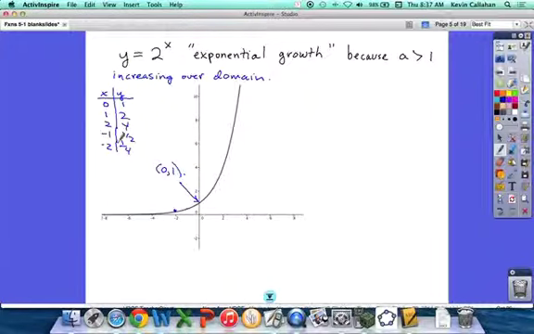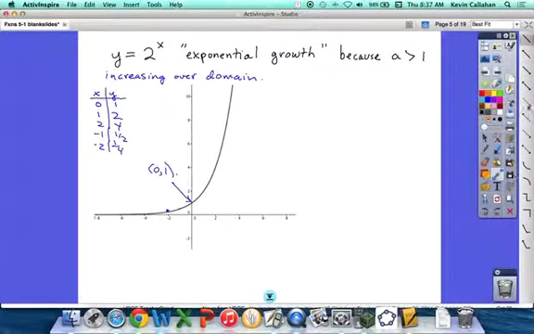So if y can never be 0, that means it can never touch the x-axis. Okay, but what do you call that on a graph when it can never touch a particular line on the graph? Right, that is called an asymptote.